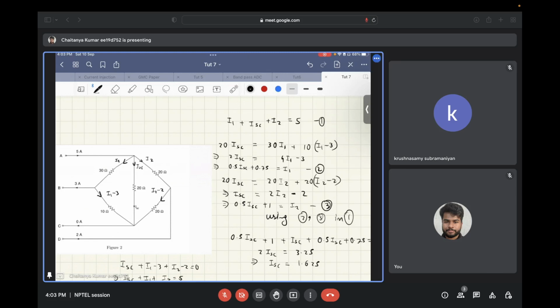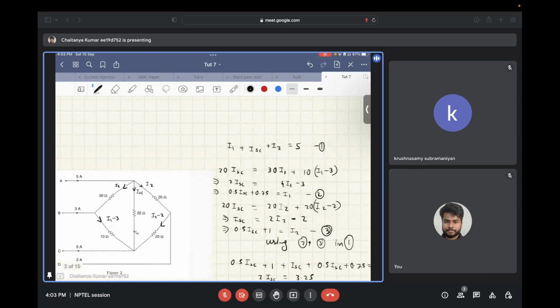So now we can observe that the voltage developed across this 20 ohm branch will be equal to the voltage developed across the 30 ohm branch plus the voltage developed across the 10 ohm branch.